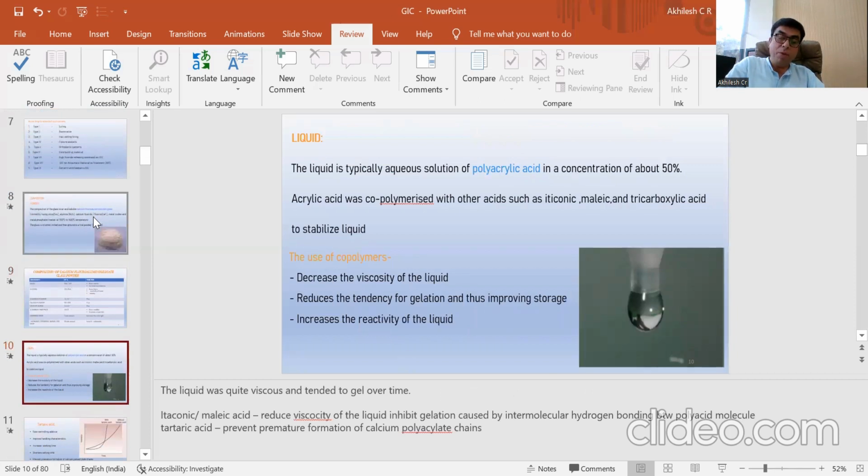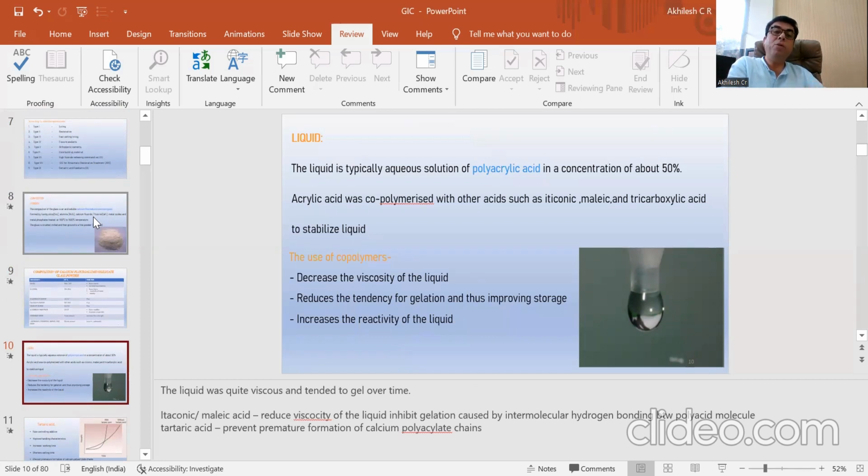The liquid part is typically an aqueous solution of polyacrylic acid in a concentration of about 50%. Acrylic acid was also copolymerized with other acids like itaconic, maleic, and tricarboxylic acid to stabilize the liquid.